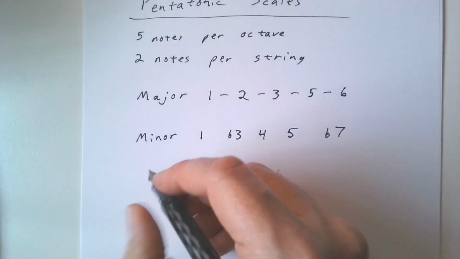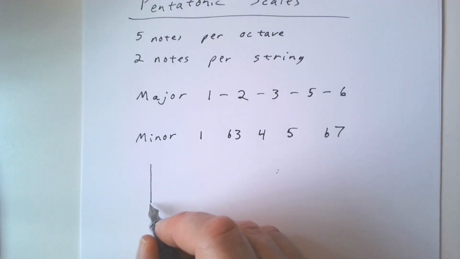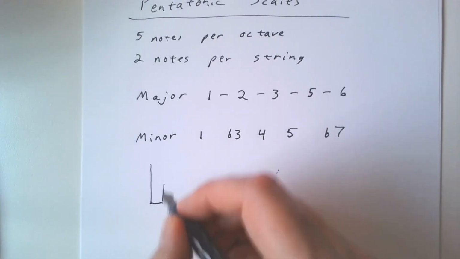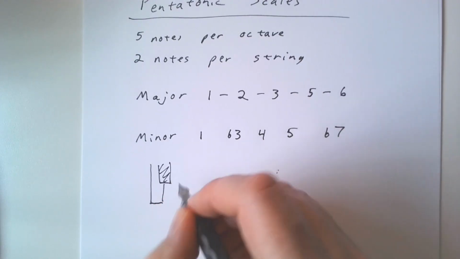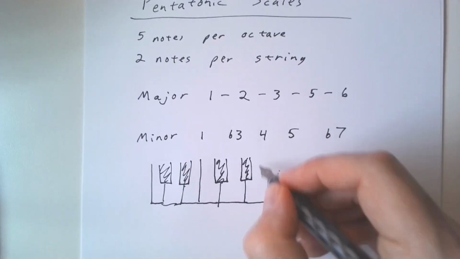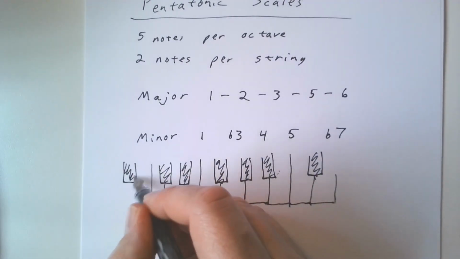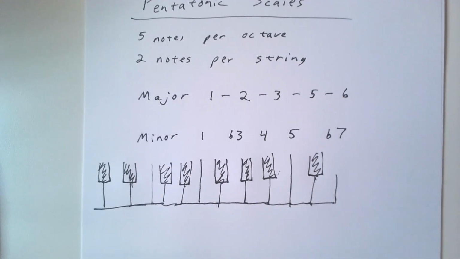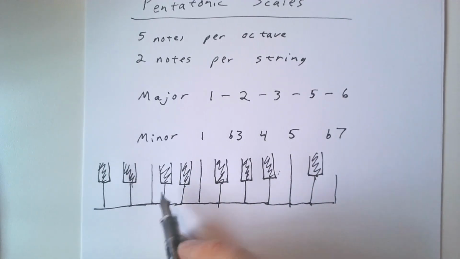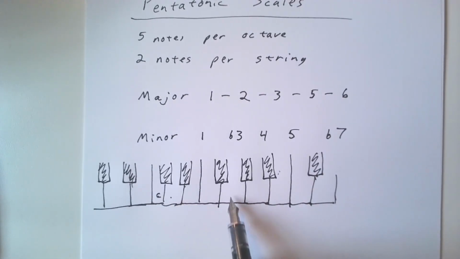Actually, there is. I'm going to draw another piano. Okay? Here's a piano. This is the note C. When we were doing the diatonic scales, we said whole, whole, half, whole, whole, whole, half.